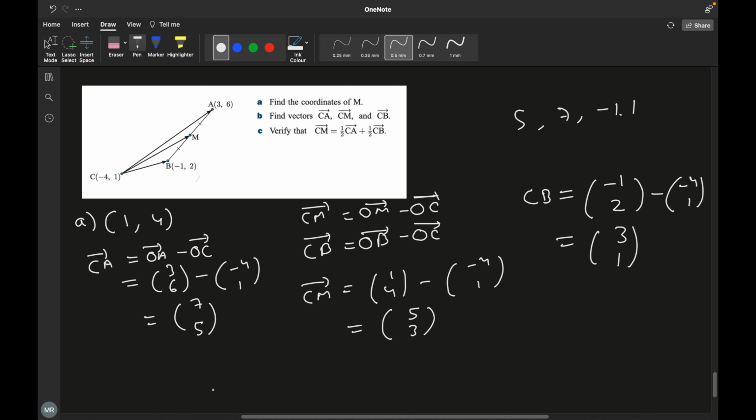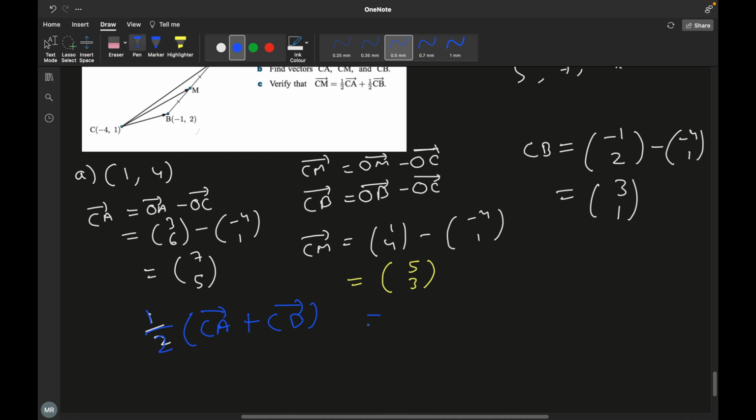And now let's verify this. We have CM here. This is CM. So we have to verify this. Let's take half as a common factor. It's going to be half times CA plus CB. Half into, we know that CA is 7, 5 plus CB is 3, 1.